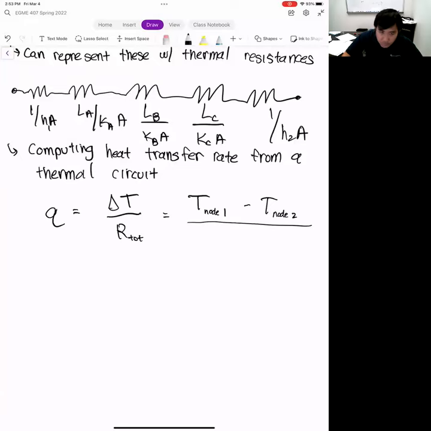Okay. Next, you're going to divide by the total resistance, but the total resistance is not for the entire circuit. It might be if the nodes that you pick are the front node and the back node, but in particular, this R is going to be just the resistance in between the 2 nodes that you pick.